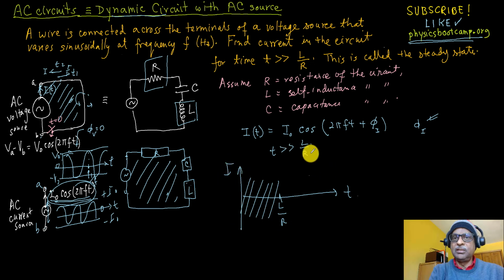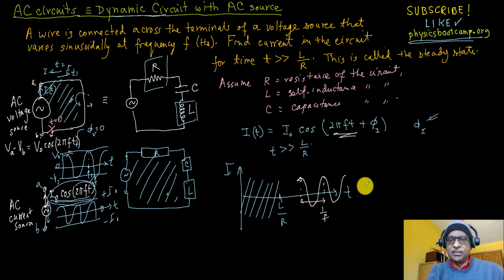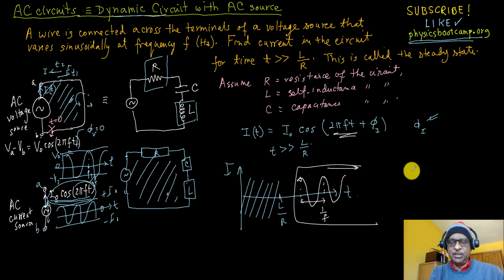But out here, the current is actually sinusoidal, with the same frequency, and this time is 1 over f. This sinusoidal current is in a steady behavior in this time domain, and this is called the steady state, and this here is a transient.